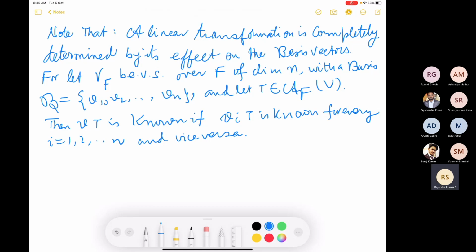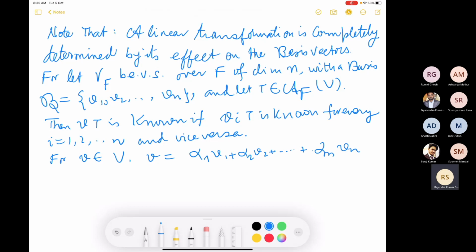Naturally, if vT is known, viT is known, because vi is one of the vectors. And if you know viT for every vector v in V, v can be written as a linear combination of these basis vectors.